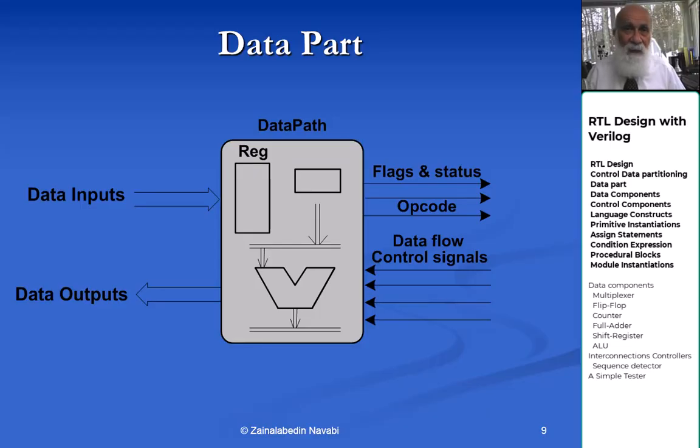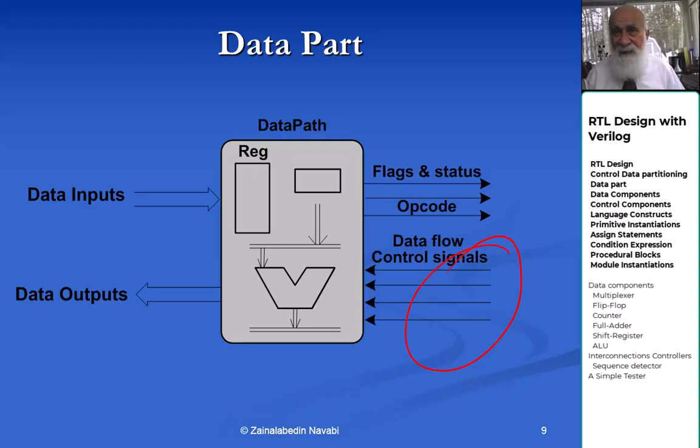We need logic functions, we need registers, we need buses, and we show how we can describe these. We may need shift registers, or we may need counters or things. And all of the clocking of these and the enabling and the resetting are controlled by these control signals coming from the controller.